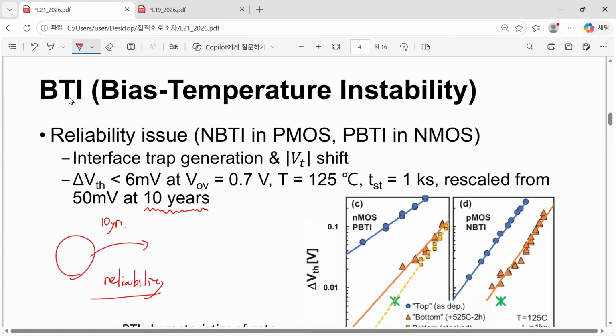But if you go to consumer electronics, the level of reliability required is not that significant. For example, you buy a USB stick at a store, then you use it, and your USB drive is gone, so you lose your memory. You get very angry.